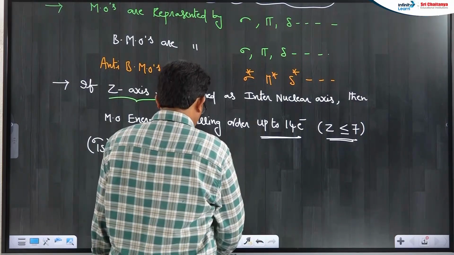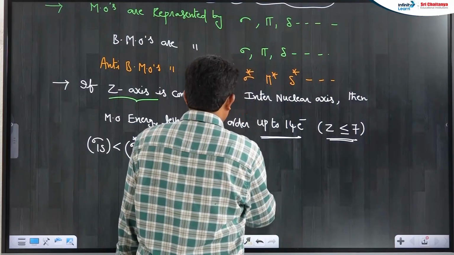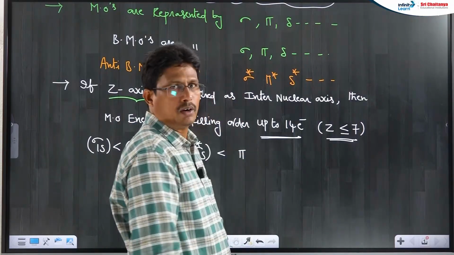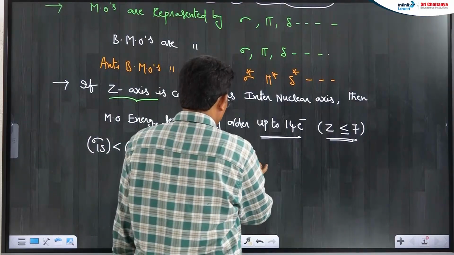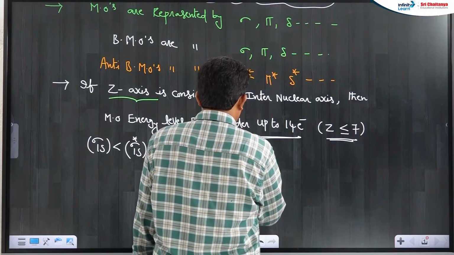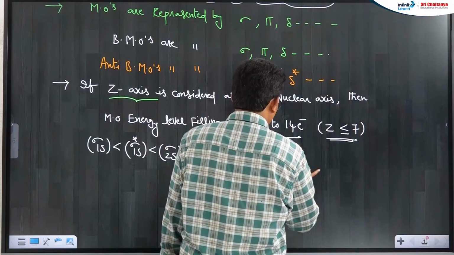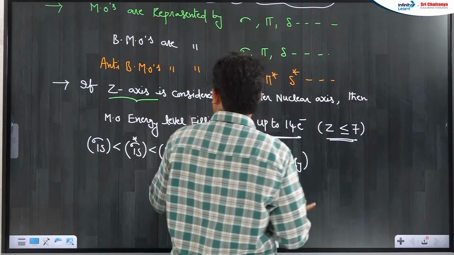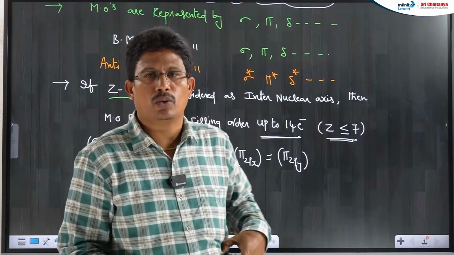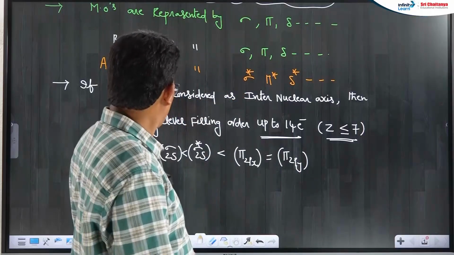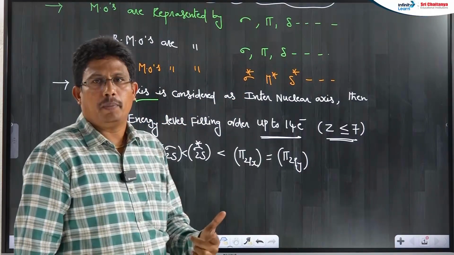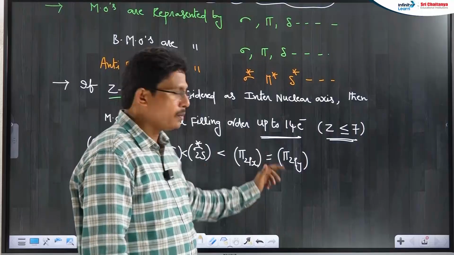After that, electrons enter into the pi molecular orbitals, that is pi 2px and pi 2py. If the z axis is considered as the internuclear axis, pz orbital forms sigma, and px and py form pi orbitals.